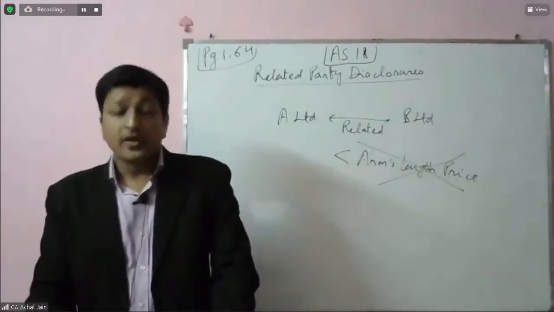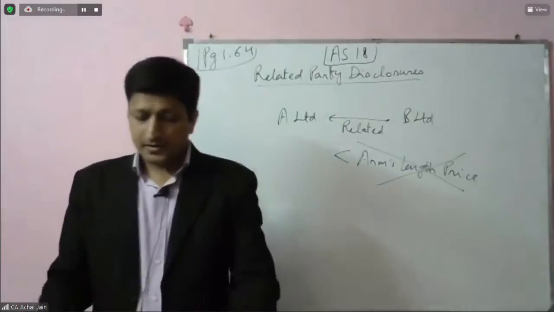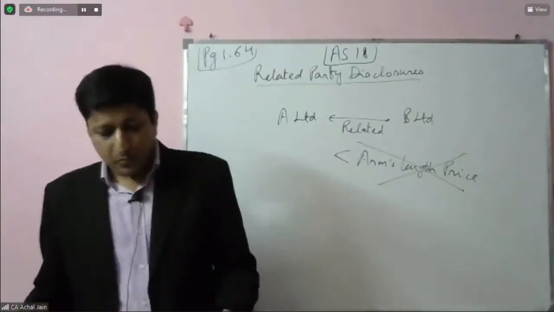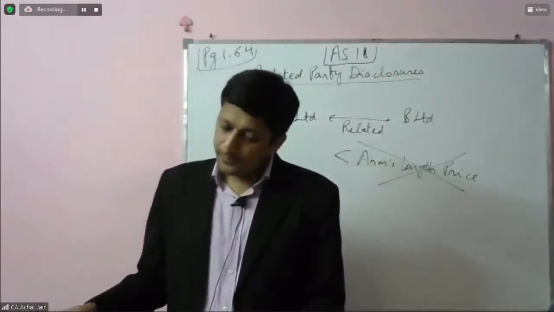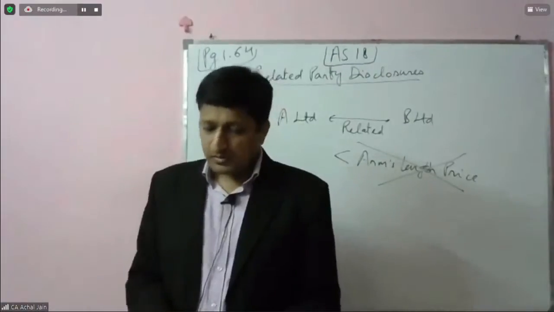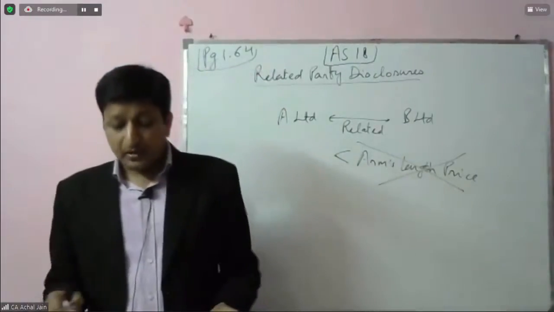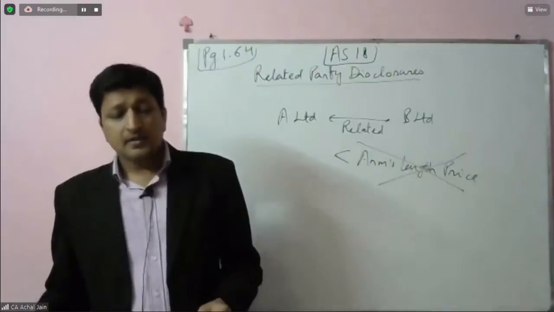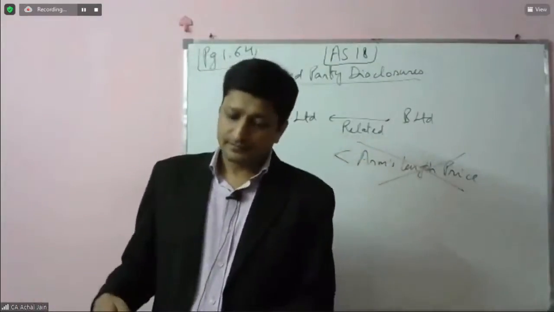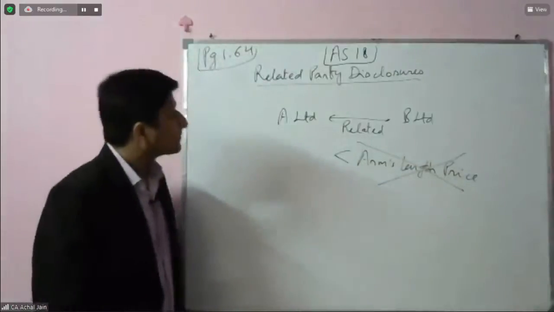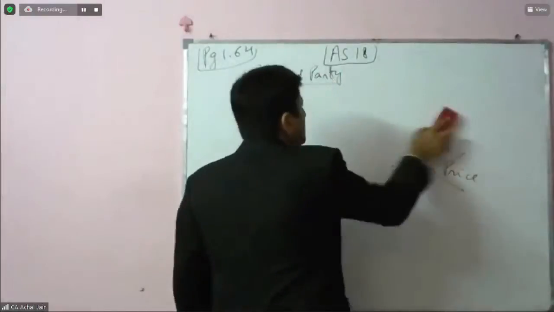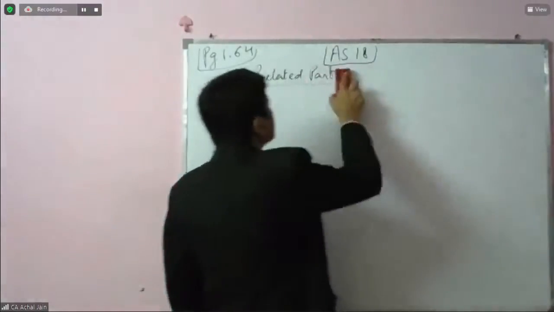For this, we need to go to page number 1.64 of the study material, because there are 5 categories which have been considered as related parties by this standard. So we are talking about related parties.